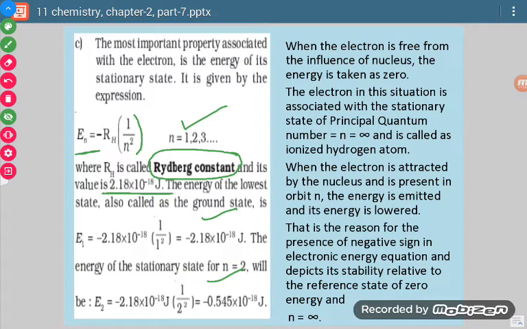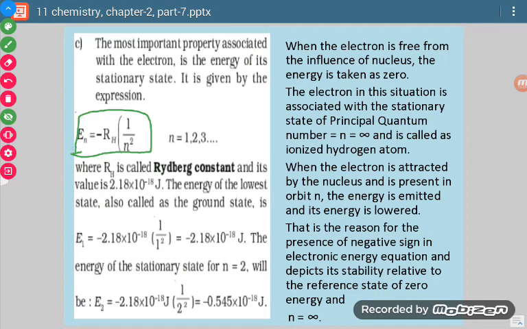Now, why are we using this negative sign? We have written E_n is equal to minus; why minus? This is explained in the next slide also, and here also there is some hint. When the electron is free from the influence of the nucleus, the energy is taken as 0. When the electron is away from the nucleus, at infinite distance, in other words the electron has left the atom and it has become ionized.